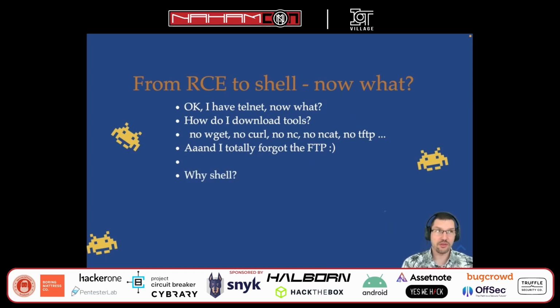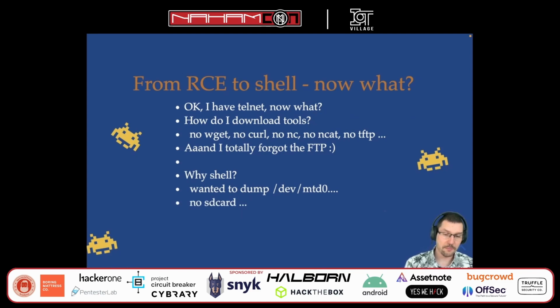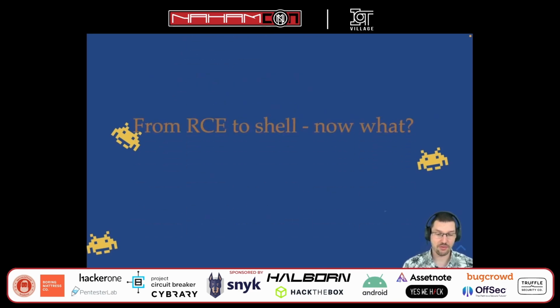You might also ask, why do I need a proper shell if I already have telnet access? First of all, I wanted to dump the firmware, and just by having the telnet interface, it's not possible to do that. And unfortunately, I did not even have the SD card version of this camera, so it was not possible to just dump and copy the firmware to the SD card and remove the SD card itself.